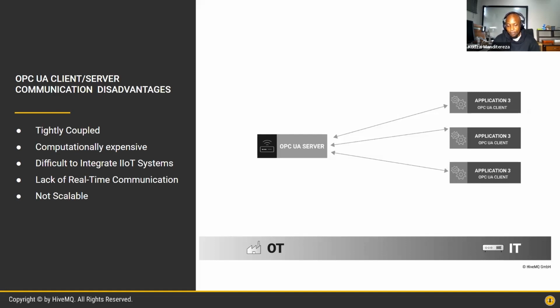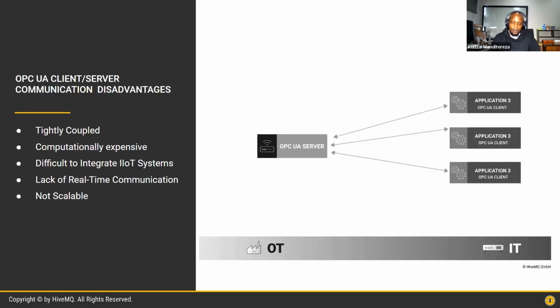Secondly, when you're using an OPC UA client-server communication approach, it's difficult for cloud-based analytic systems that know nothing about the OPC UA platform to gather data from production components that talk OPC UA. And this is clearly a big problem because currently the data analytics tools that do not talk OPC UA happen to form a large part of the cloud ecosystem.